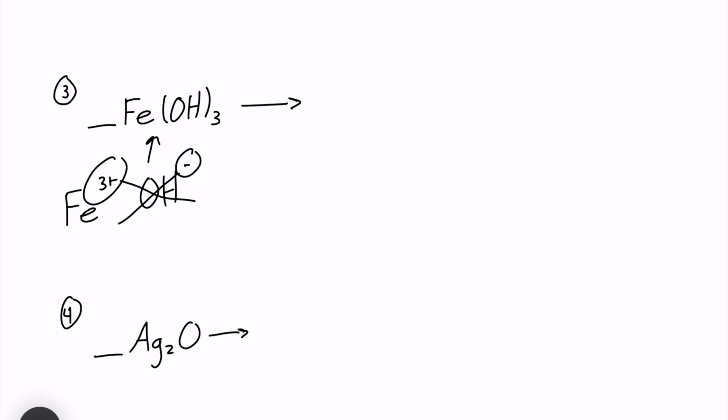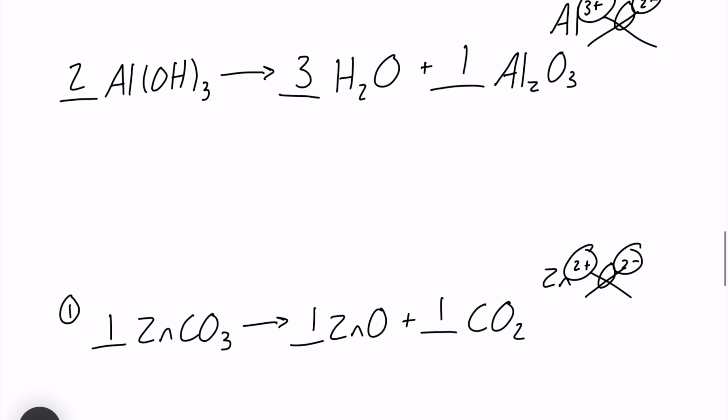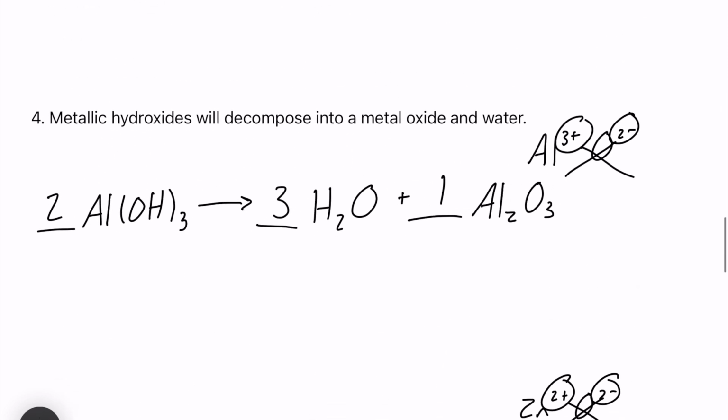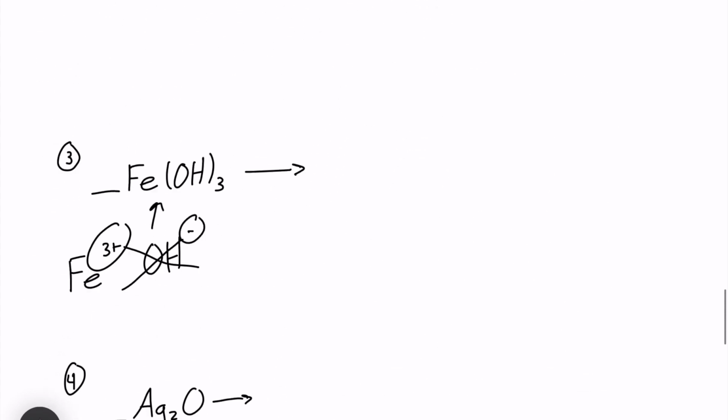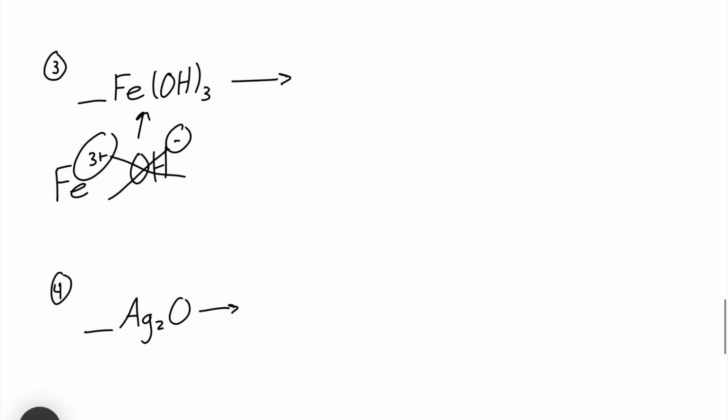So let's go ahead and find a rule that applies to this. We have a metallic hydroxide or a metallic base. It's going to decompose into metal oxide and water. So let's go ahead and write down our metallic oxide first.